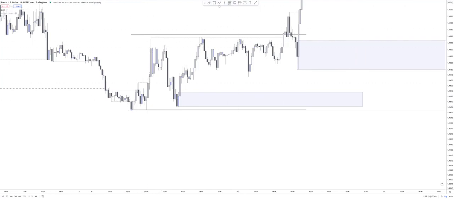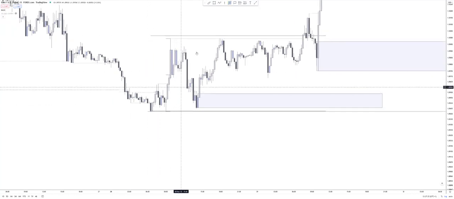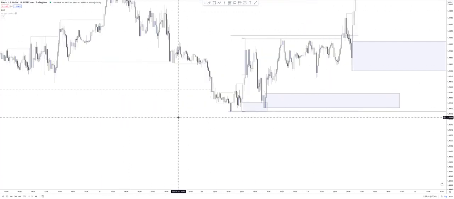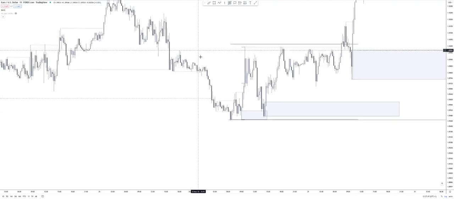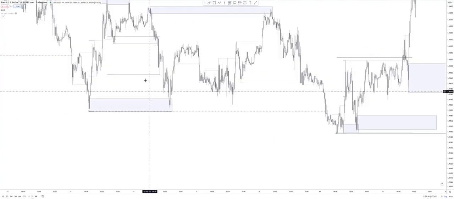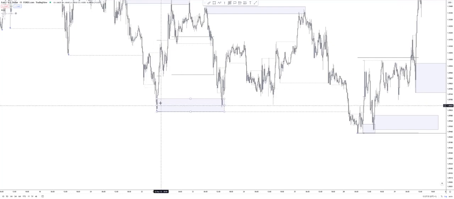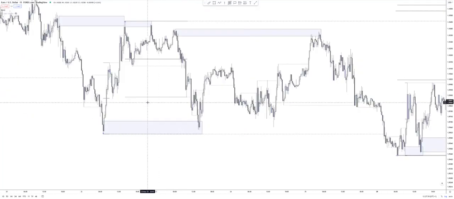We had this bullish break of structure here, and then price came and tapped into this zone right here, which is a wick refinement, and continued to the upside. So we've had examples of double wicks and examples of wick refinements. We've had examples of just standard zones like this one, and inside bars.